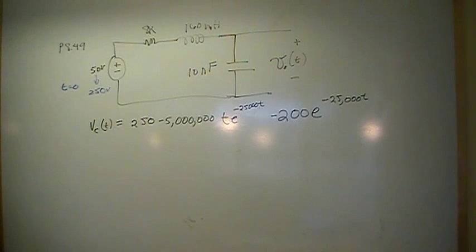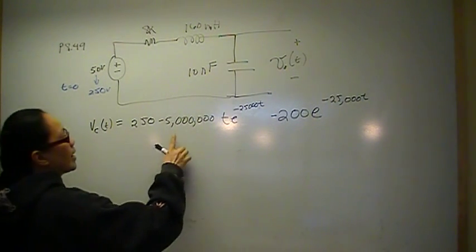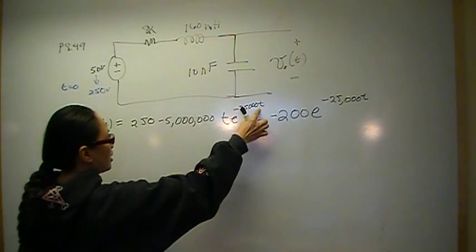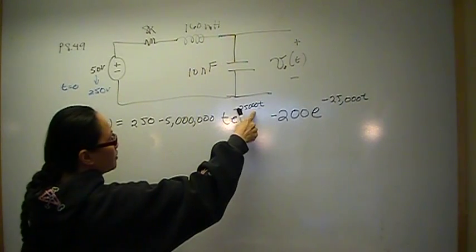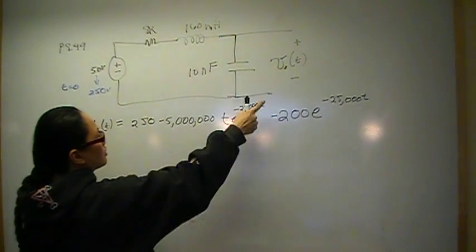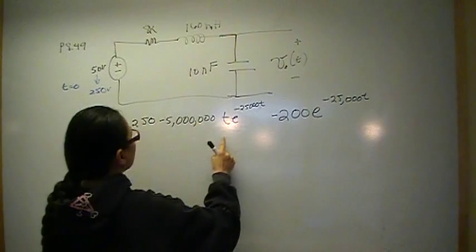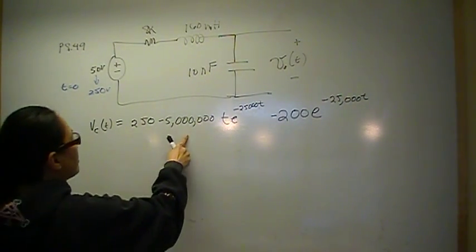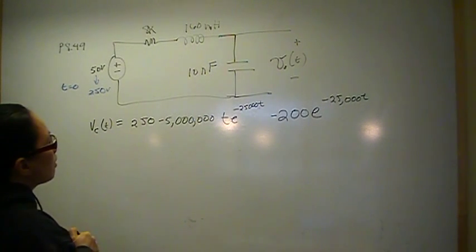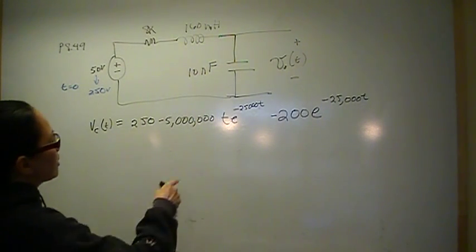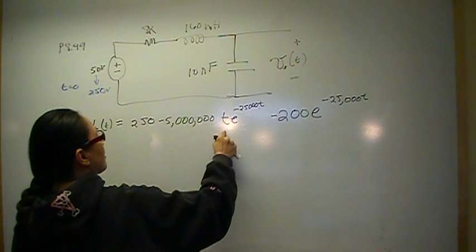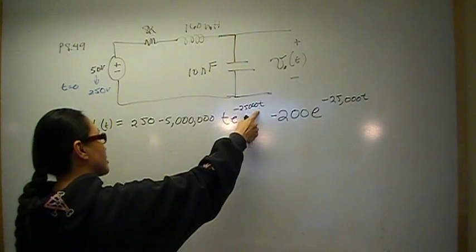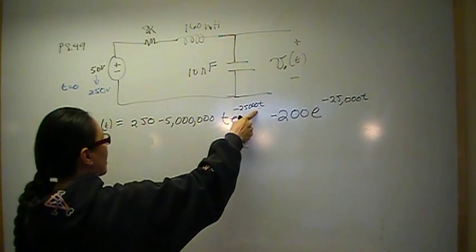And then at time infinity, after a long time, I have infinity times e to the negative infinity, which is 0. Actually, at time infinity, this is undefined, but this tapers off to 0, because the e to the negative infinity drives the whole thing.